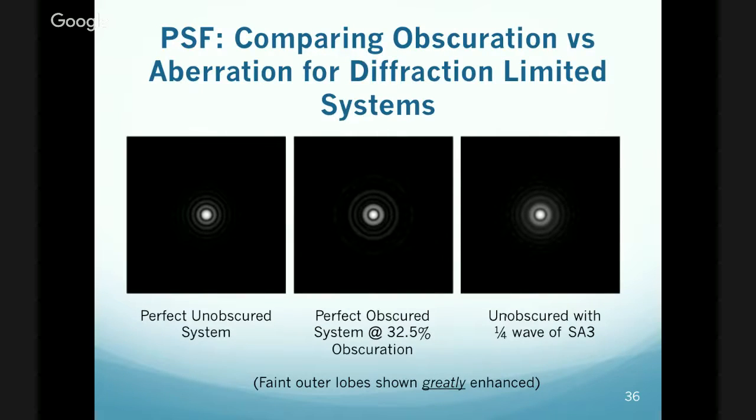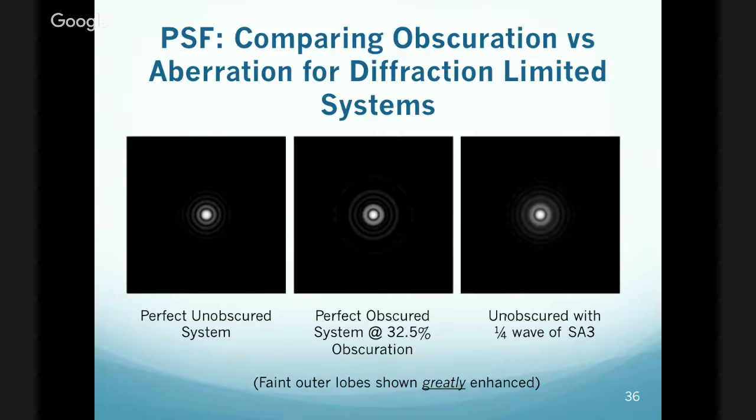So for a perfect unobscured system on the right, you see a nice Airy pattern. And by the way, I've really enhanced these faint lobes a lot in plotting this. For a perfect obscured system, 32.5%, and when I say perfect, I mean no aberration, you see that those outer rings are brightened quite a bit.